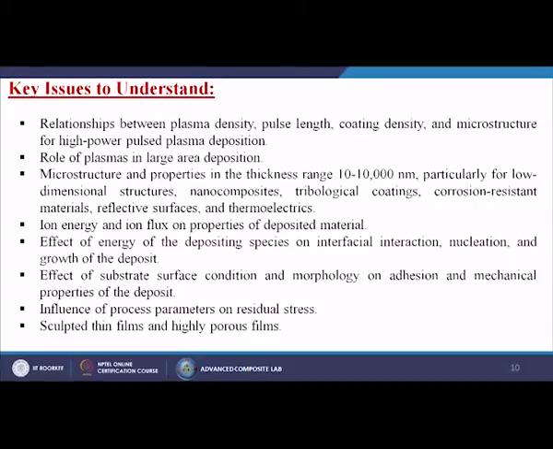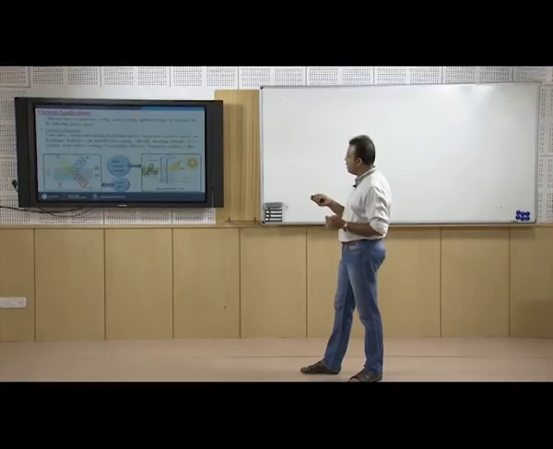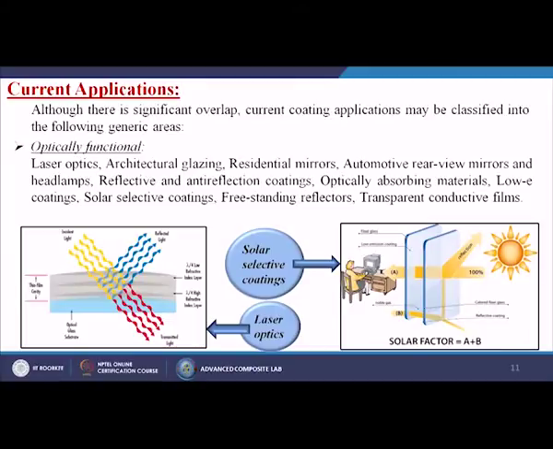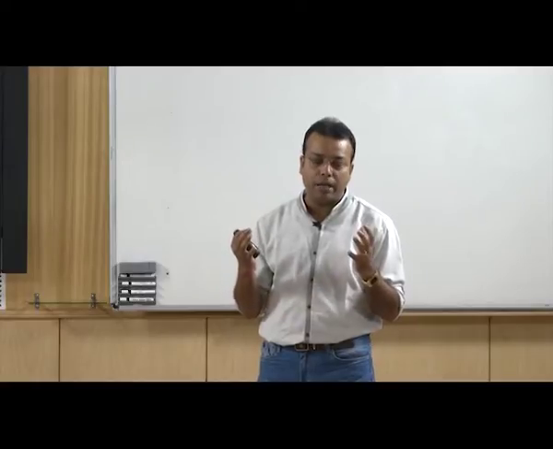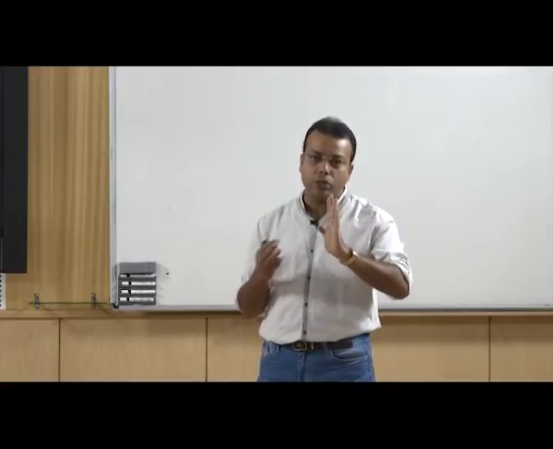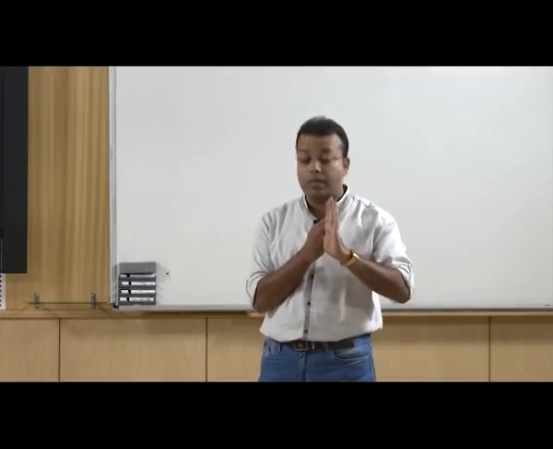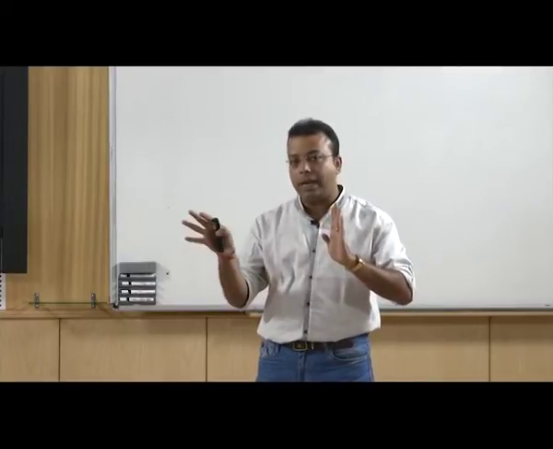What are those? Optically functional materials, laser optics, architectural glazing, mirrors, automotive rear view mirrors, headlamps, reflective and anti-reflection coatings, optically absorbing materials, low-E coatings, solar selective coatings, freestanding reflectors, transparent conductive films, where we are going to use certain kinds of materials. Say we are using certain kinds of glass so that the harmful UV rays from the sun are resisted, but the sunlight can still go inside our room.